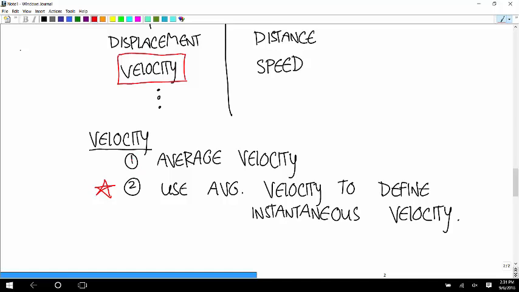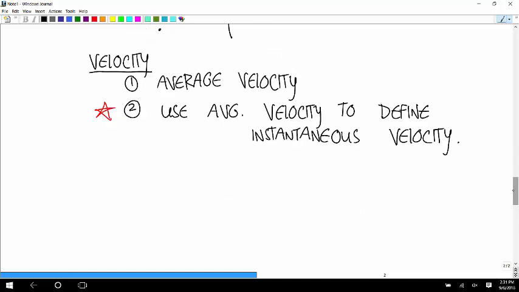So this isn't very useful on its own. As we go forward, we're just going to use the word velocity. We're not even going to differentiate between these two because we're always going to be talking about instantaneous velocity. So average velocity.